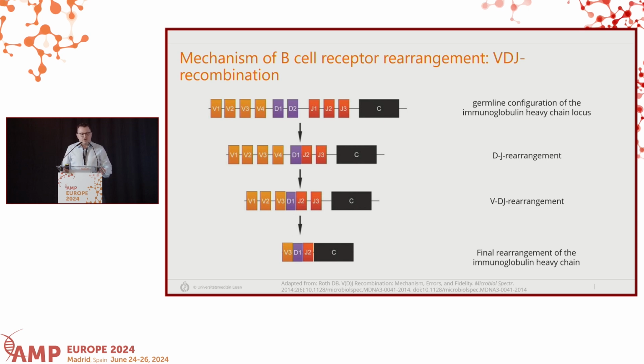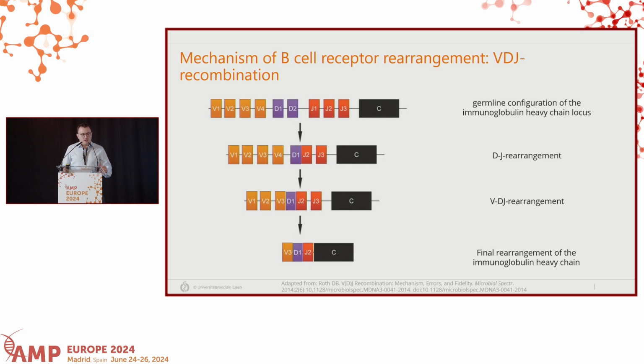From the germline encoded genes, V, D, and J genes, a random pair of D and J genes is first rearranged, and then a V gene is linked to this successfully rearranged product. And at the linkage sites, there is a mechanism which introduces additional heterogeneity.